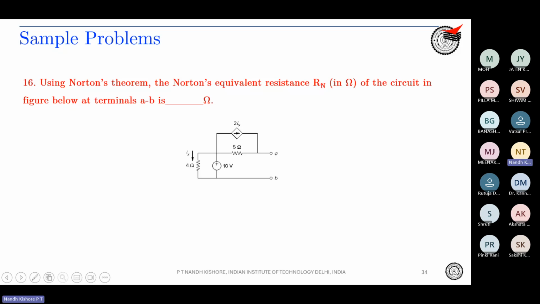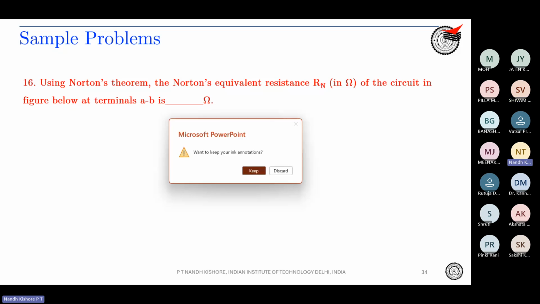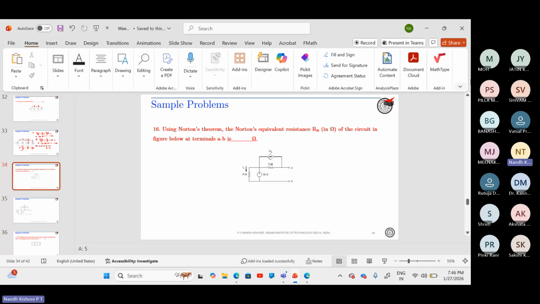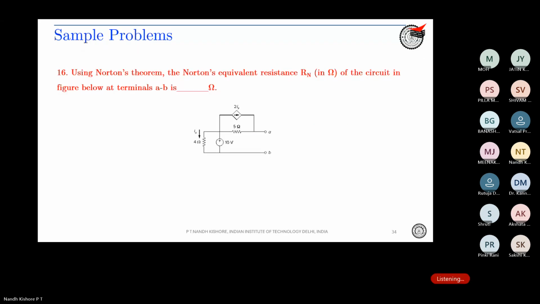So what do you do? Do you short voltage sources or open up voltage sources? Short voltage sources, correct.